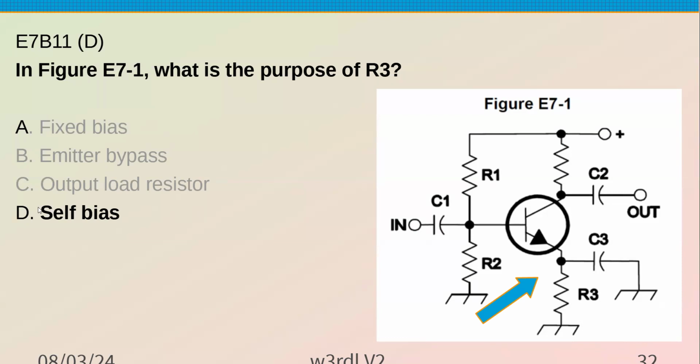Double bias. That gives it a little bit of negative bias in addition to the R1, R2 bias. And it's dependent on the current, so it's a little bit of negative feedback to stabilize it.